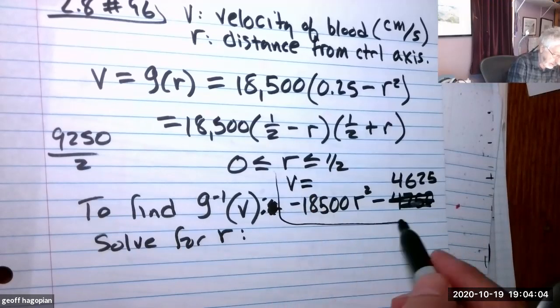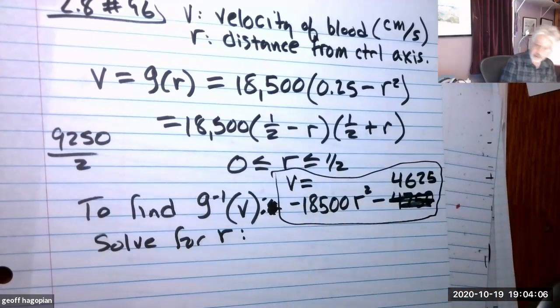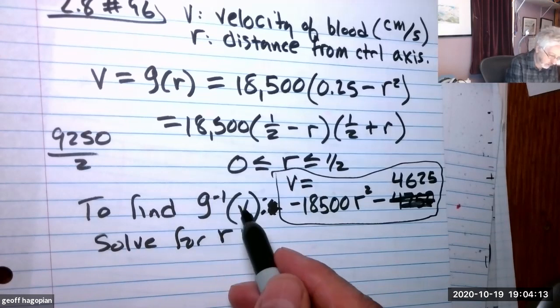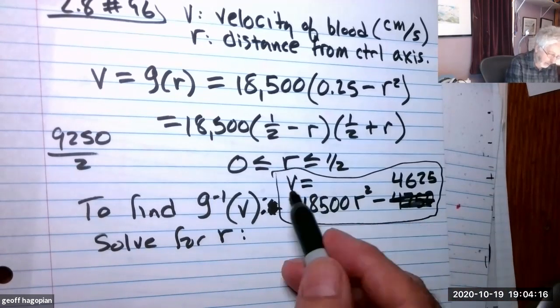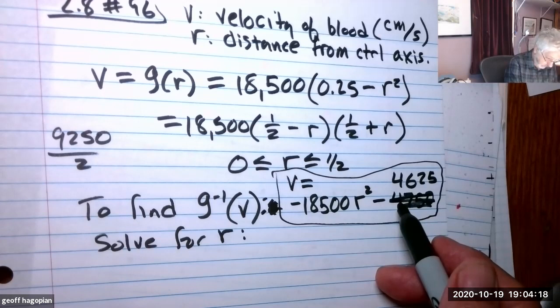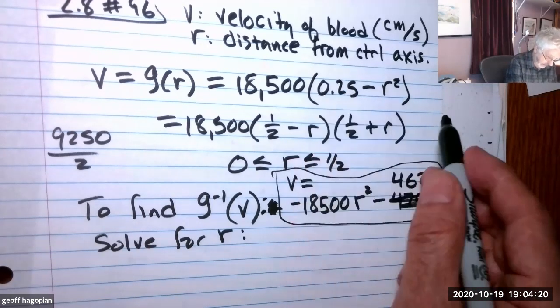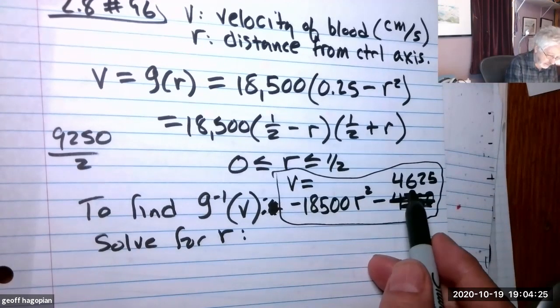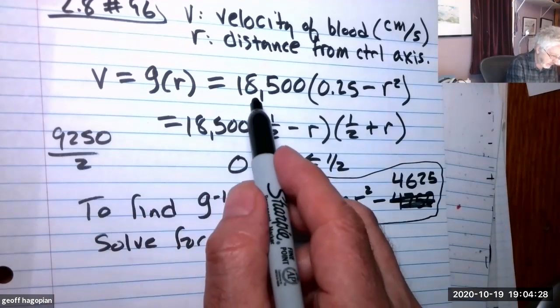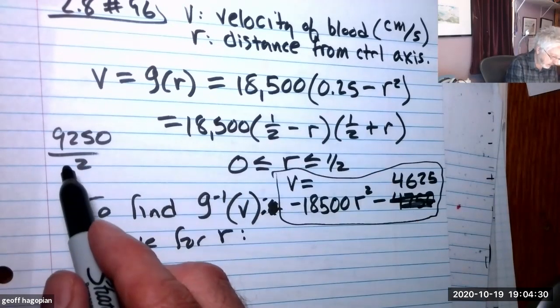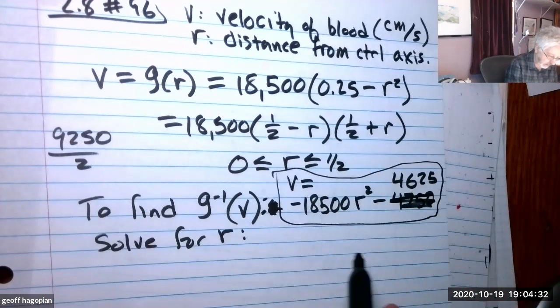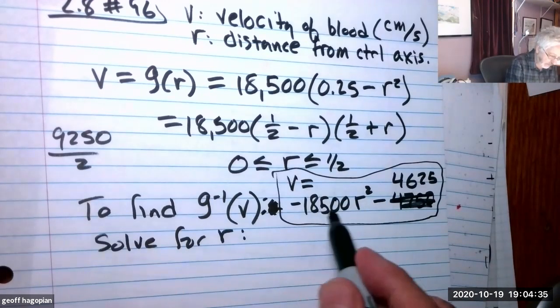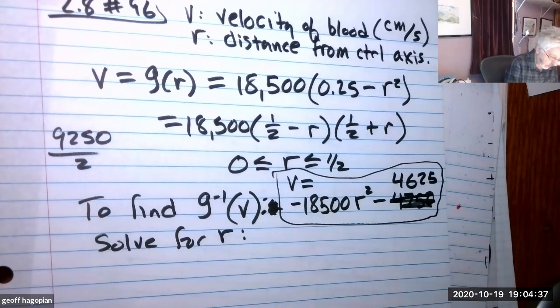We want to solve this equation, as mangled as it has become, for R in terms of V, right? So to find the formula for G inverse, write down the equation without the function notation, and I expanded the right side, right? Yeah, half of this is 9,250, half of that is 4,625. Okay, so I want to solve this for R.